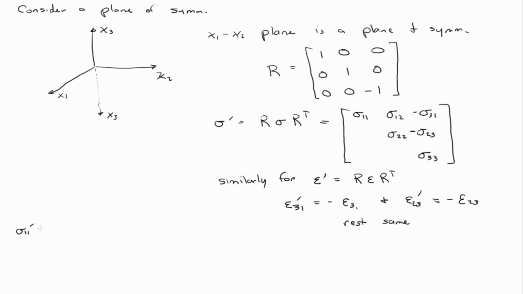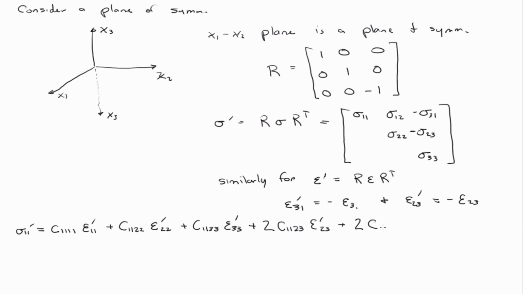So sigma 1, 1 prime, all the terms would be, so that's just replacing in, basically just writing out this equation for sigma 1, 1, just putting primes on everything, right?